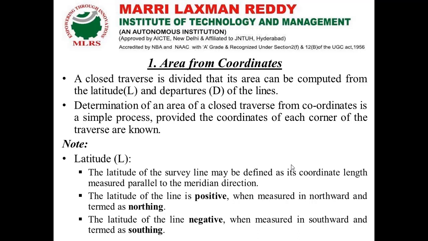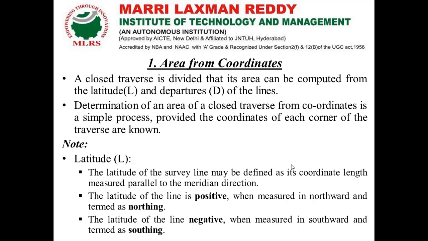A closed traverse is divided so that its area can be computed from the latitude and departure of the lines. Determination of the area of a closed traverse from coordinates is a simple process provided the coordinates of each corner of the traverse are known. If the traverse is closed and the coordinates are known, then we can go with these methods.